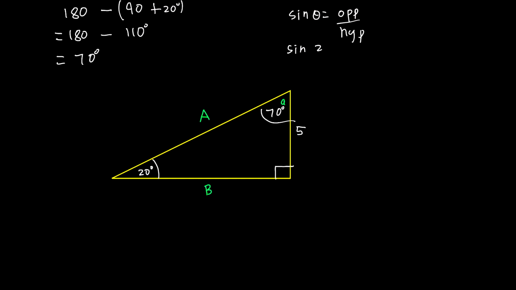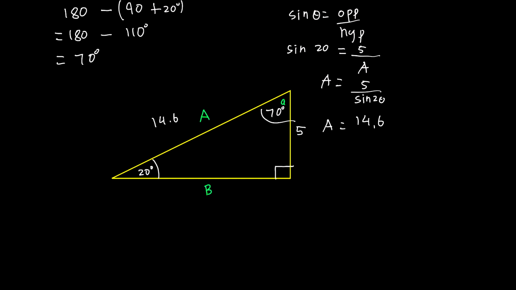Sine of 20 is equal to 5 over A. So this means that A is equal to 5 over sine 20. That means A is equal to, let's put this in the calculator, sine 20, 14.6 units. Let's write that down.